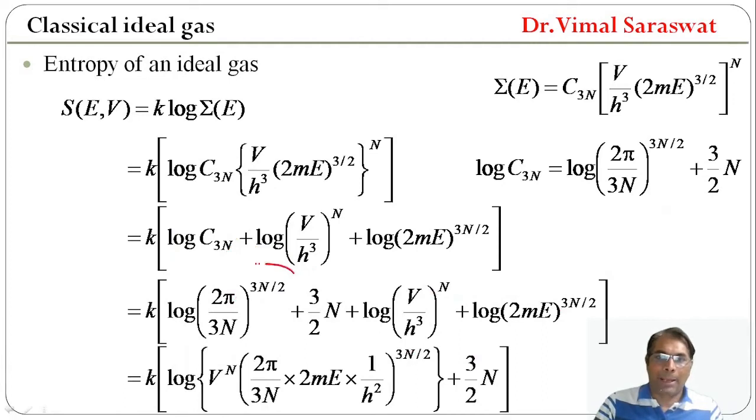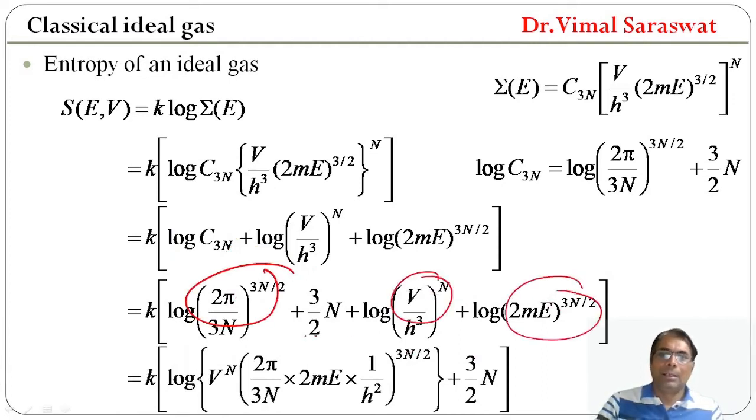Now we combine this and this term. We get S equal to K log of V raised to n (2π by 3n)(2mE)(1 upon h square) whole power 3n/2, and this 3/2 n is written here.